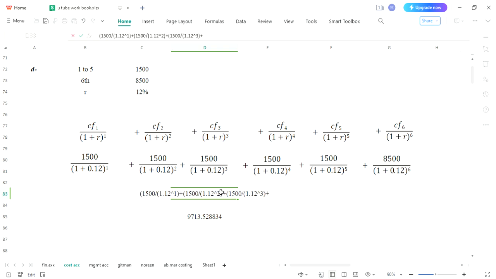Now you will see how quick this can be. 4, and then you have changed the power to 5. Then for the last installment you have changed two things. First, the cash flow turned to 8500 and your raised to power became 6. Why have I written it?